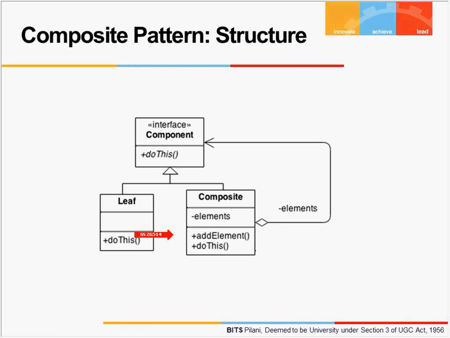In order to make that possible, I include objects inside the composite object which implement the component interface. It will become more clear as I go to the implementation, and then we can come back to this particular structure and see it again.